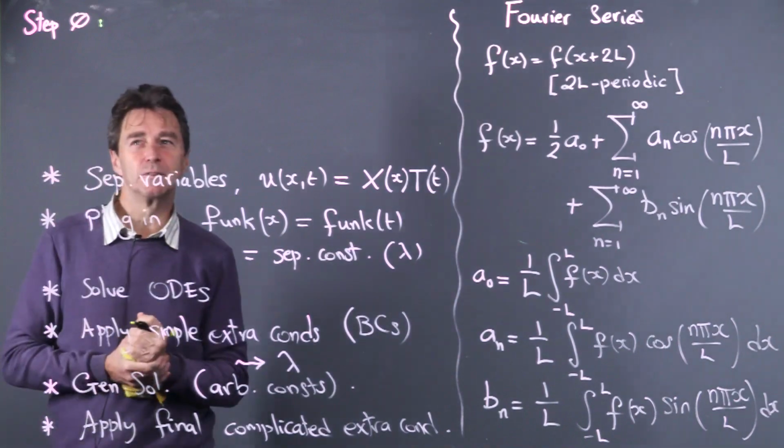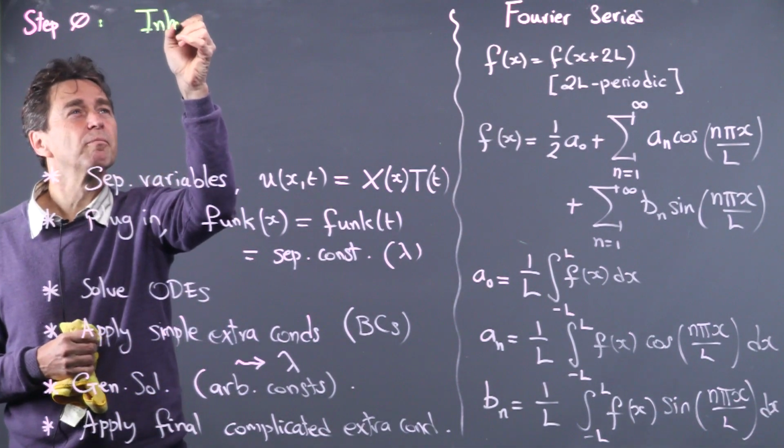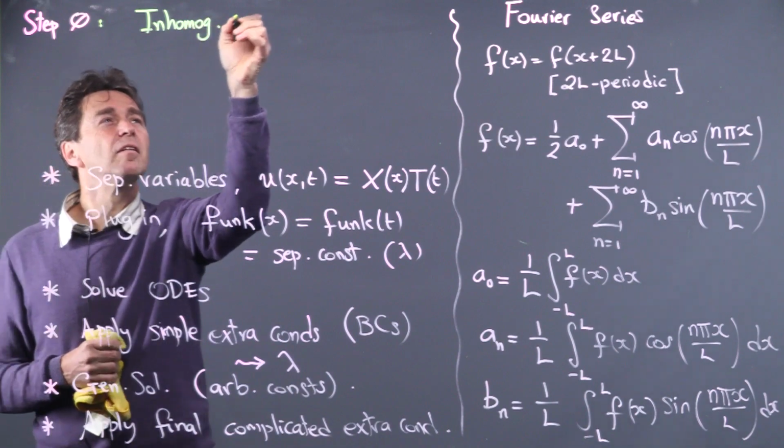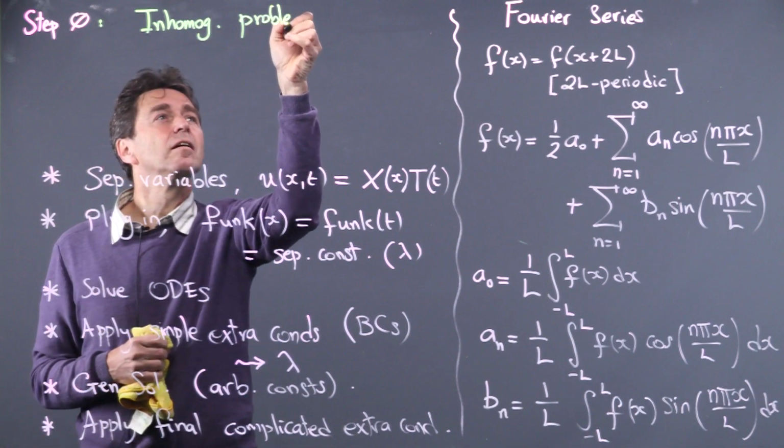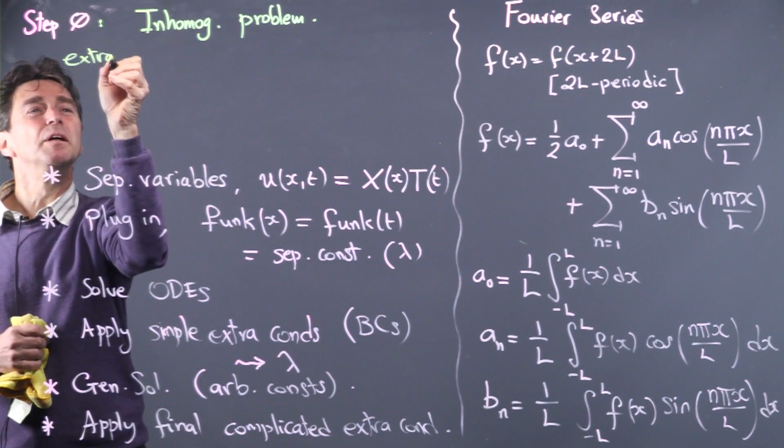Okay, so what's step 0? So I have an inhomogeneous problem now. That means that there are extra terms in the PDE.